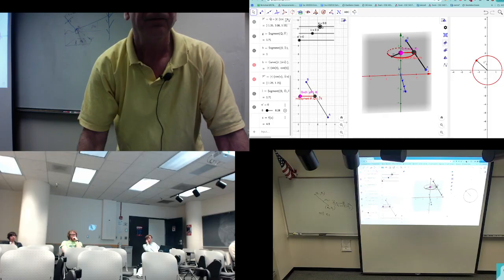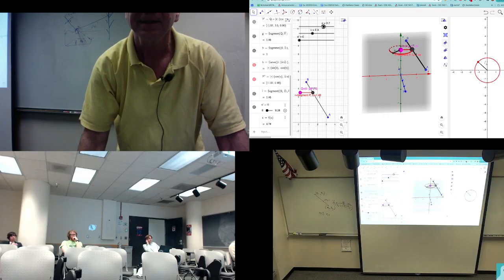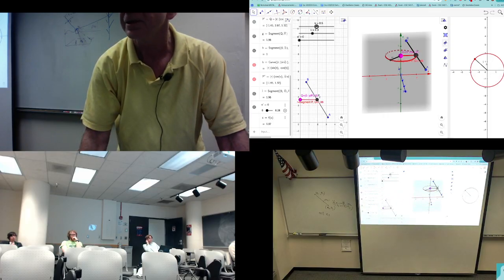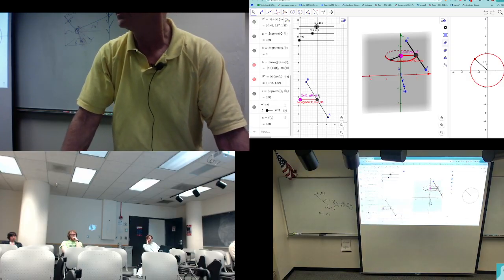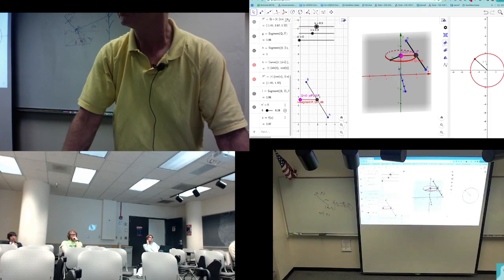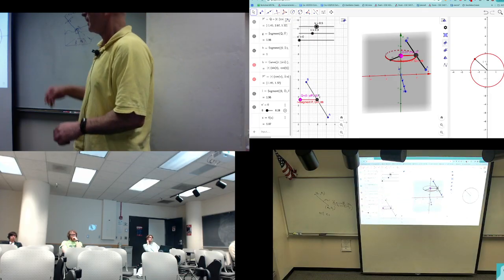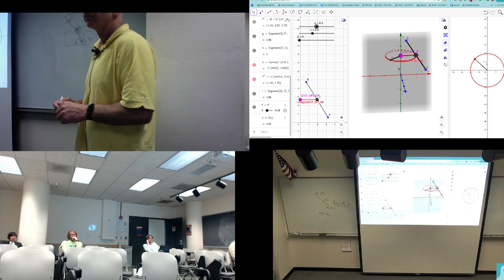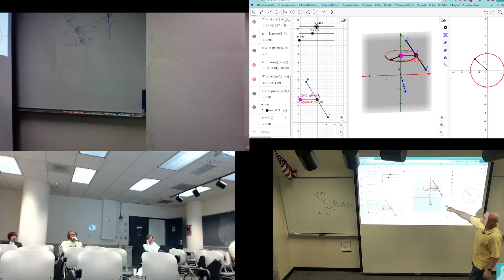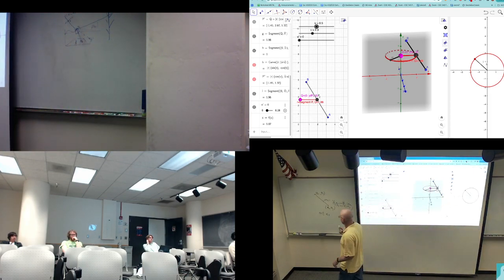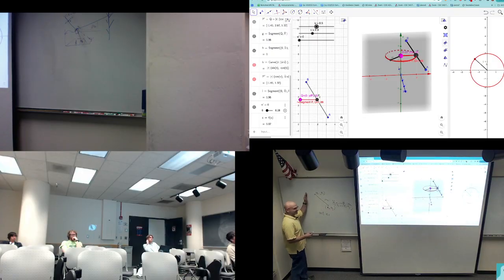When I move the point, of course, this circle changes its radius. Now, where is the center of the circle? At time t or time u? What's the coordinate of q? It's written. Yes?